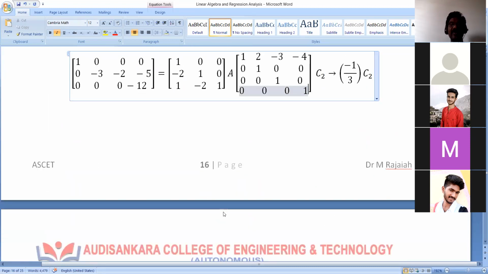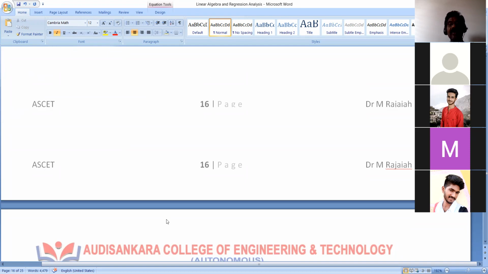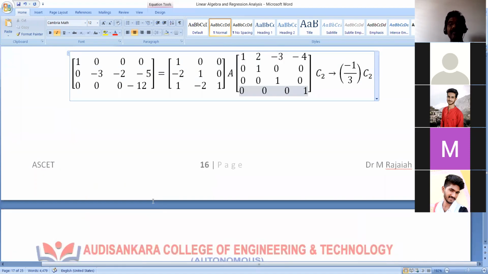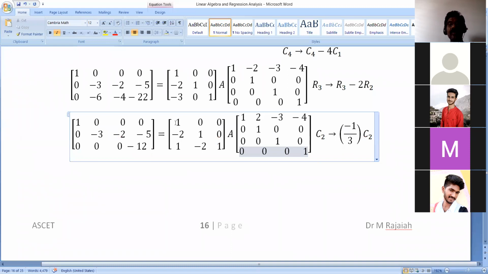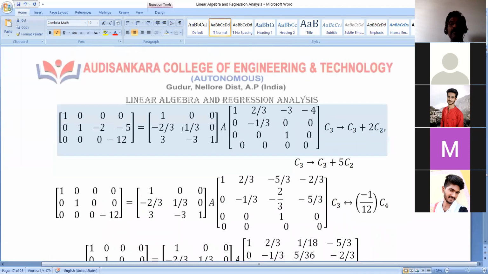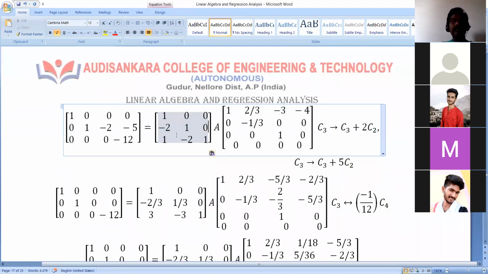Minus 1 by 3 into C2, that is 1 0 0, 0 1 0, 1 0 minus 2 minus 5, 0 0 0 minus 12, that is 1 0 0, minus 2 1 0, 1 minus 2 1, A into.